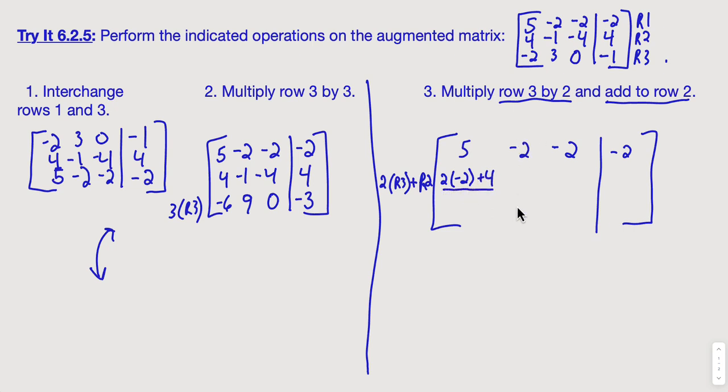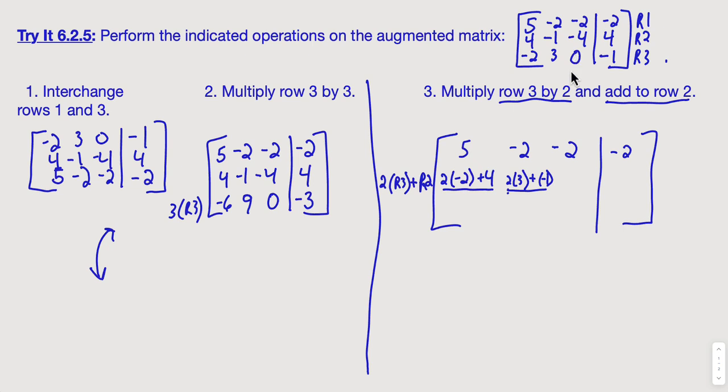Our second element in row 2, 2 times row 3, so 2 times 3, plus the element in the second row, which is -1, so plus -1. Should have left a little more room here. And then last but not least, 2 times row 3 plus row 2 on this side of the augmented matrix.